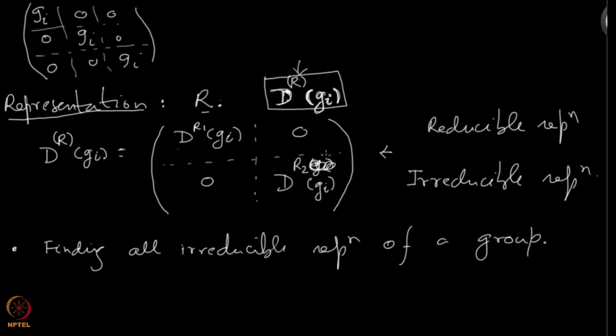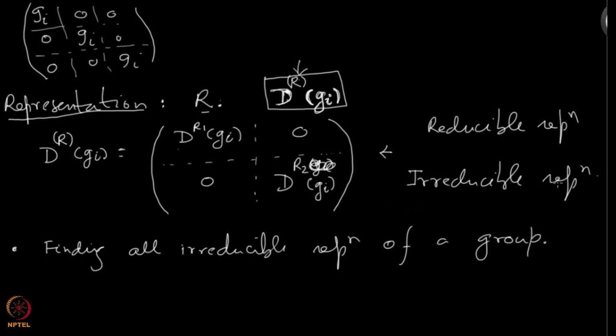If you are able to write any representation in this form, where you have such blocks, it is called a reducible representation. It is reducible because the real thing is in here or in here. If you cannot write a representation in this form as blocks, then it is called irreducible.